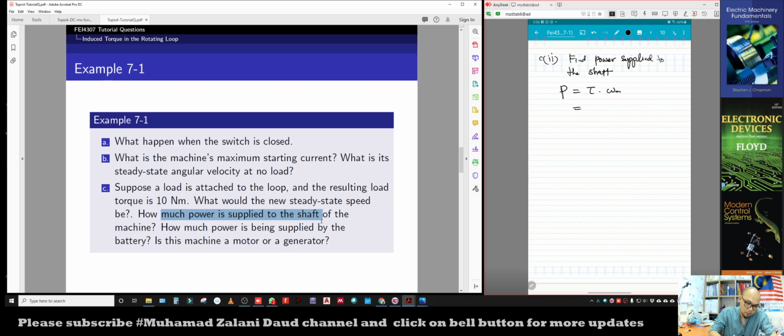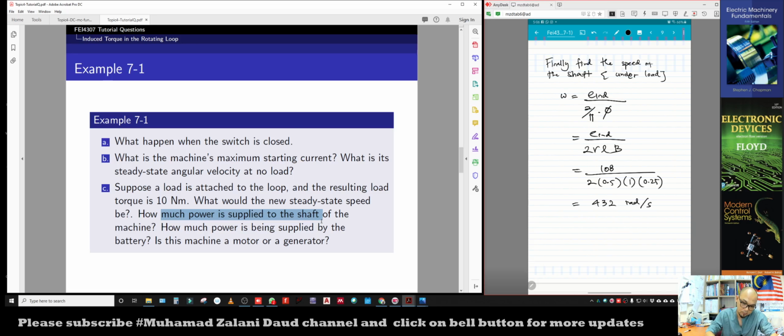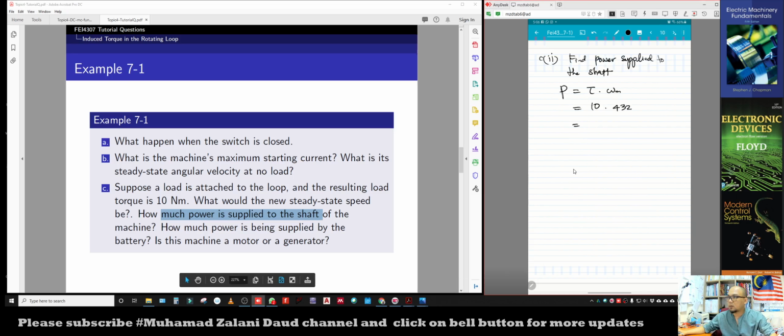We know that torque is 10 Newton meter, and omega under load condition we determined in C1 is 432. So omega is 432. Then power now is 4320 watt. This is the power that is supplied to the shaft.